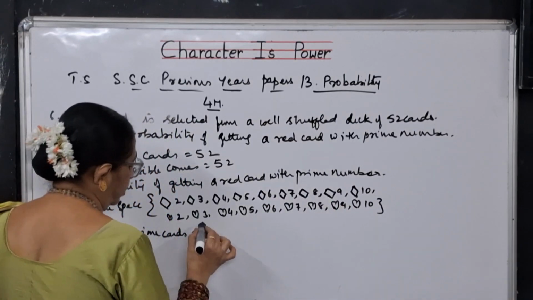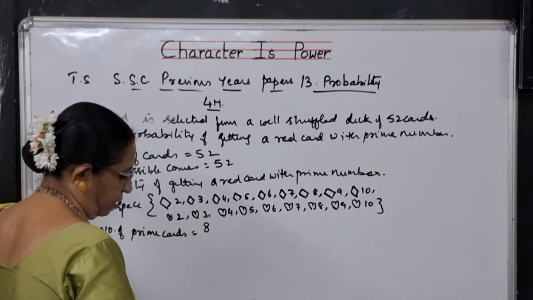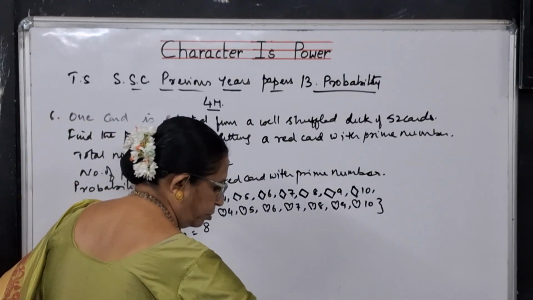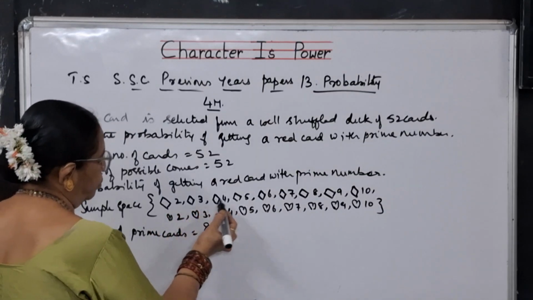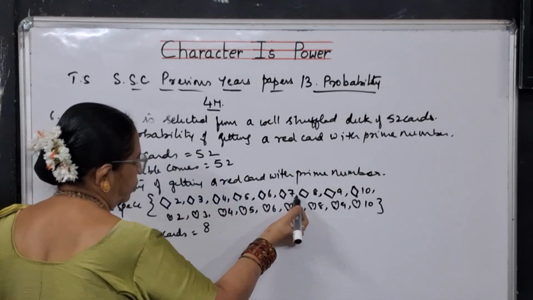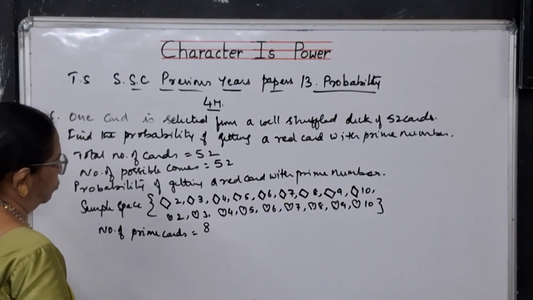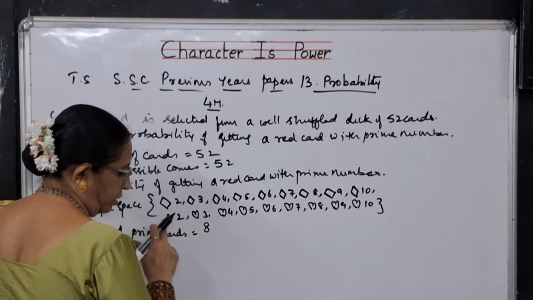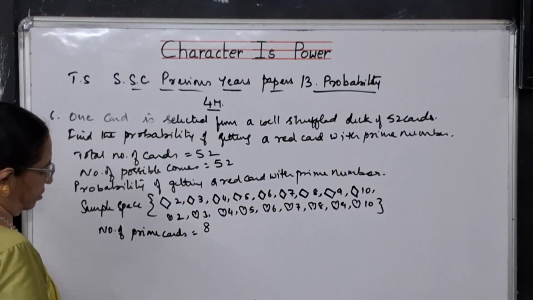So 4 here, 4 here. Total 8 prime cards are there. 4 prime cards in diamonds and 4 in hearts. Totally, you are having 8 prime cards.